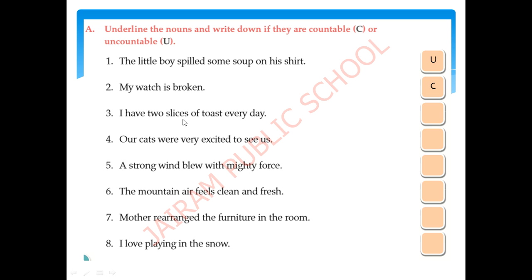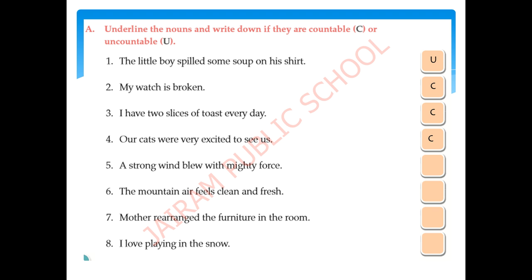Yes. If the word is countable, the answer in the box is C. The next noun in the sentence you have to underline is cats. Our cats were very excited to see us. Can you count cats? Exactly. So this type of noun is also C.